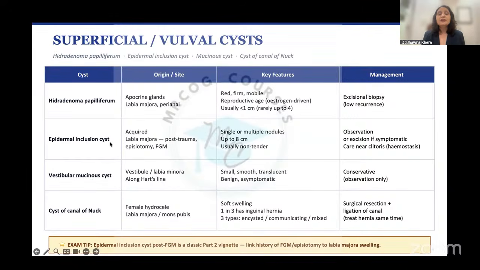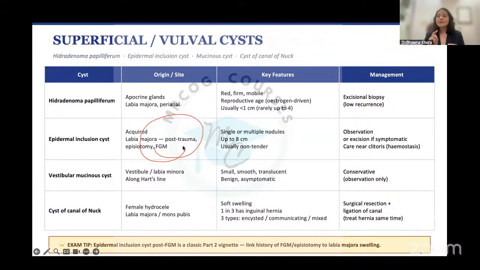Epidermal inclusion cyst is acquired on the labia majora. It is very important for the part 3 students to ask the history of FGM in these patients. This is a very important point which you cannot miss because that is a patient safety point.